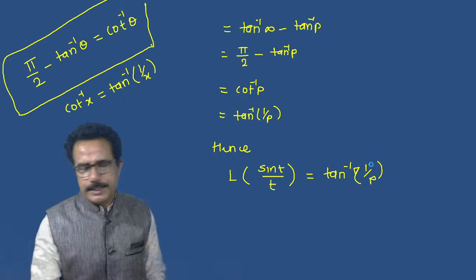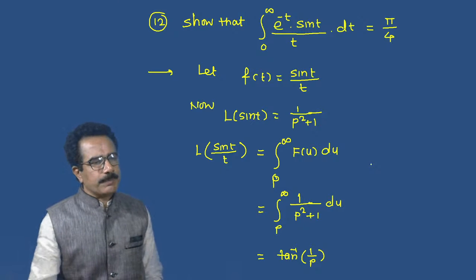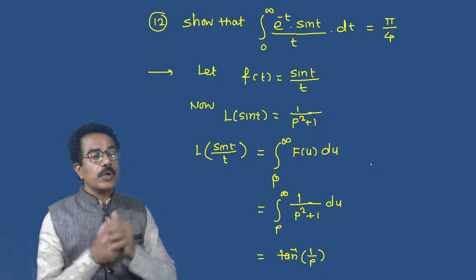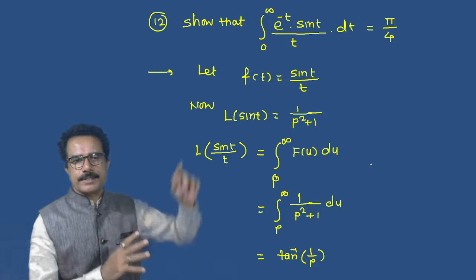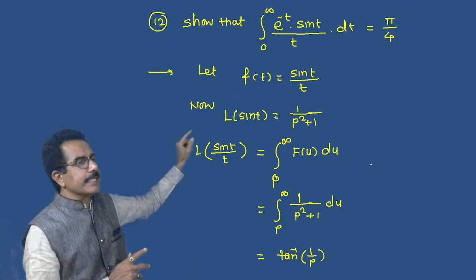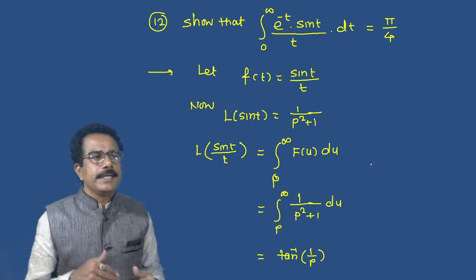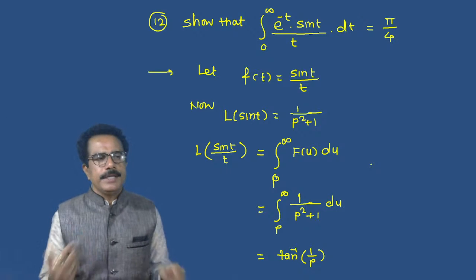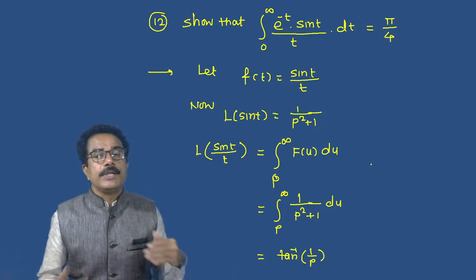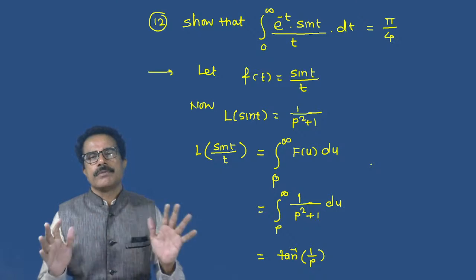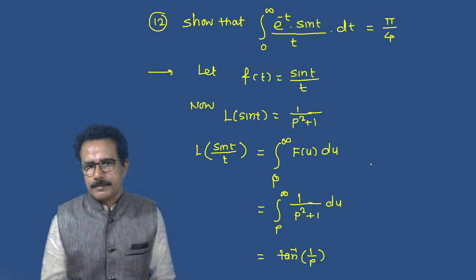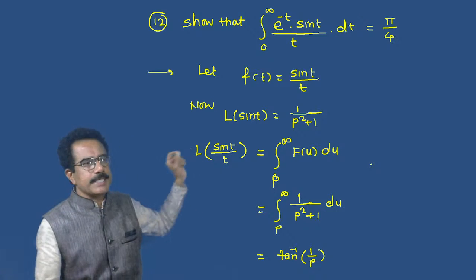Okay, so it's good. Now the next problem: we have to show that the integral from 0 to infinity of e raised to minus t into sin t divided by t dt is equal to pi by 4. We have to prove this result.